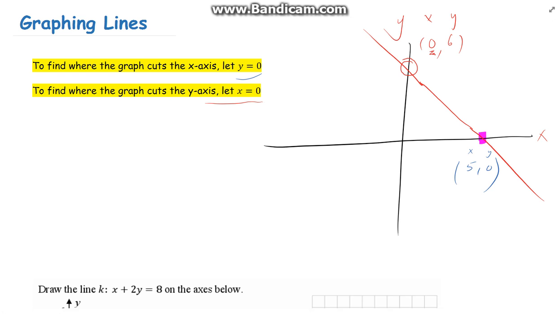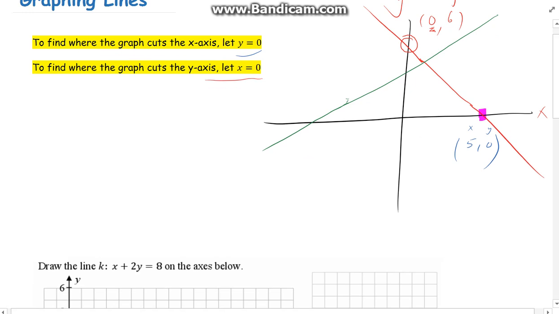Sometimes they'll draw a line that crosses the y-axis but doesn't cross the x-axis, but all you have to do is extend it to see where it crosses. So every line is going to cross the x and y-axis. To find where it cuts the x-axis, let y equal 0, and to find where it crosses the y-axis, let x equal 0.